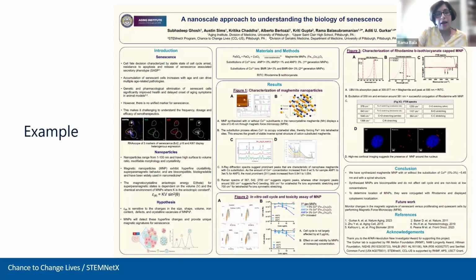So I wanted to highlight an example of a poster that has elements of what we just reviewed before. In this poster, this is an interdisciplinary research where there's some research that's done from a physics perspective for a biological context. So notice that there is a clear and concise title that tells you what this research is about.